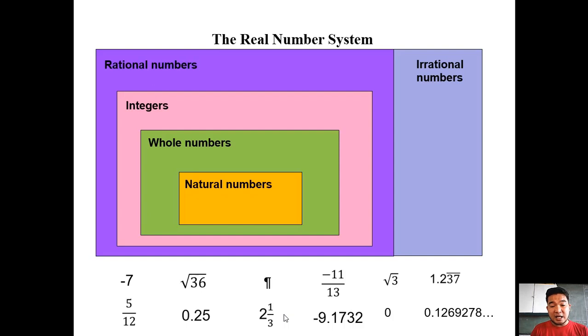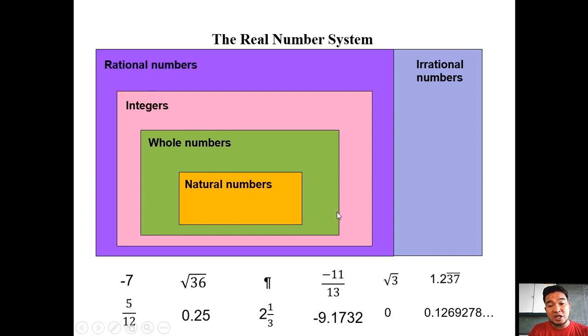How about negative 11 over 13? Let us divide 11 by 13. The answer is non-terminating and non-repeating. So this is an irrational number. How about negative 9.1732? As you can see, we end with 2, so it can be expressed as a fraction of 2 integers.